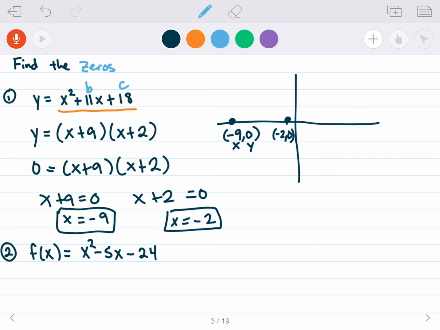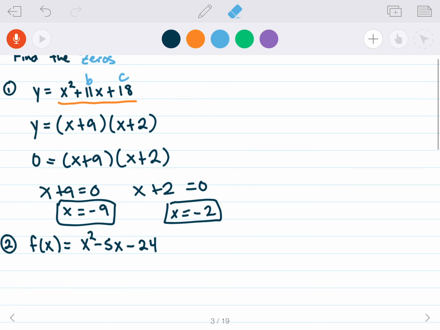I'm not going to really do this, but remember that the vertex was h, k. And h was -b over 2a, and k was whatever we got when we plugged -b over 2a into our function. That's how we can get a little picture. We can also just punch this in Desmos and confirm that our zeros are indeed right here. Those are the x-intercepts.